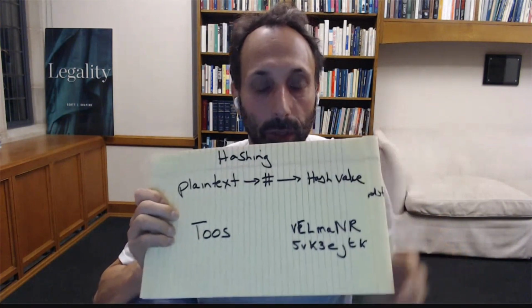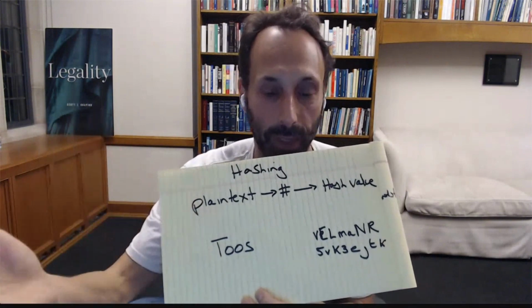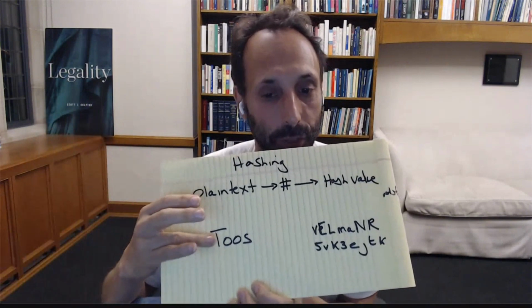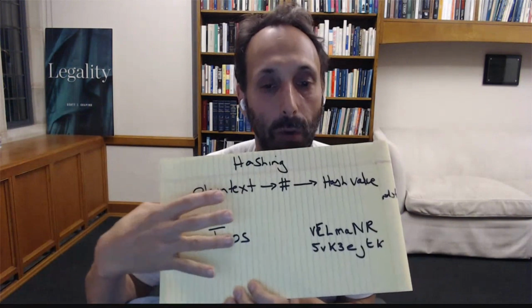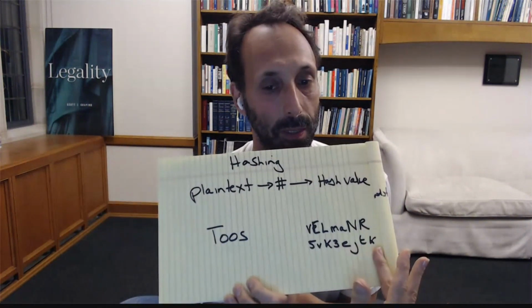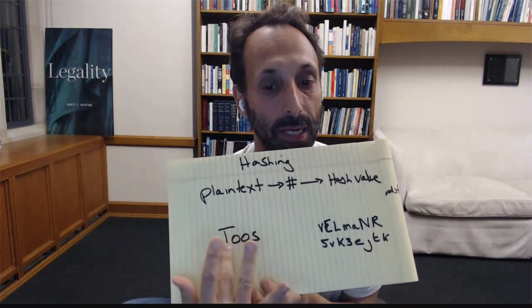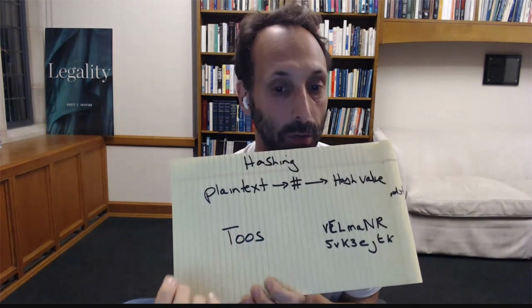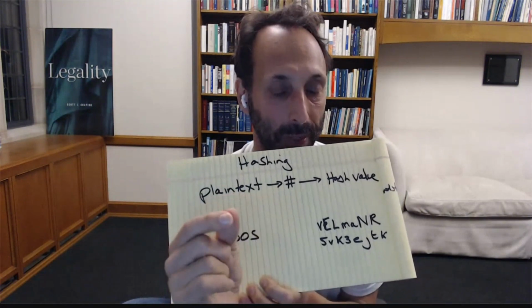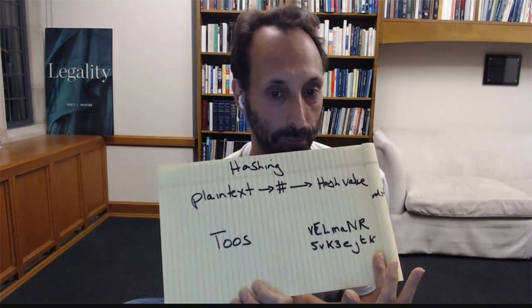In my demo, if it would have worked, I was showing you that TOOS has this hash associated with it. If you were to change TOOS to TOOR, so they are off by just one letter, the hash will be completely different.